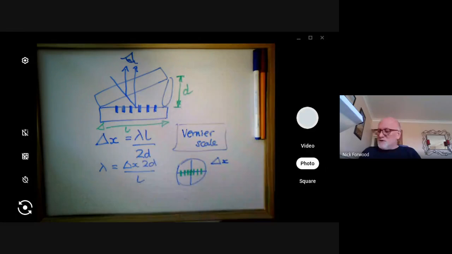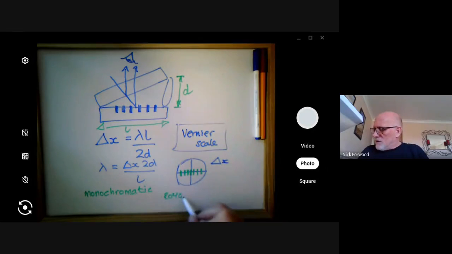I usually use monochromatic light of one color. Monochromatic: mono is 1 and chromatic is color. So one color. If it's one color out of Roy G. Biv, it's got one wavelength, a particular wavelength for that one color.